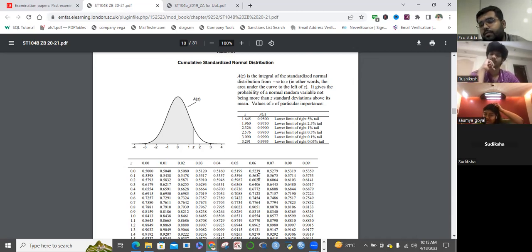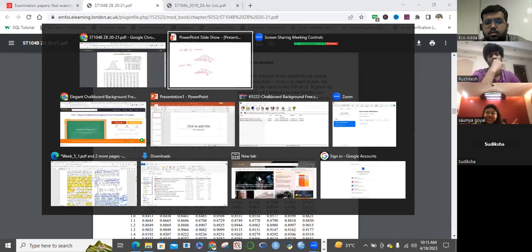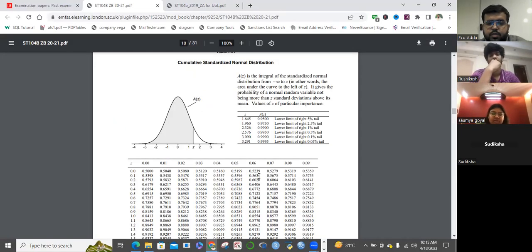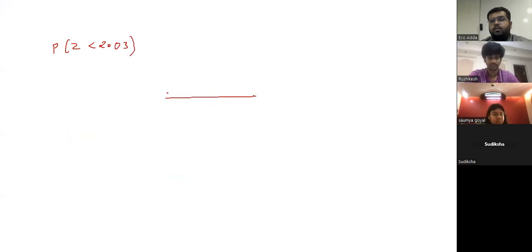Sure, absolutely. Let's say now we need to find the probability z is less than 2.03. Now how to find that? Again, first of all, we need to make a graph. 0 is lying here, and this is 2.03, and we need to find this area.